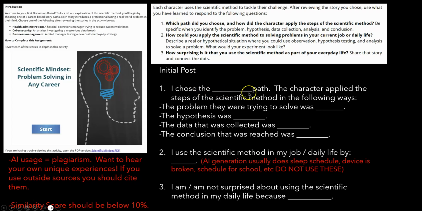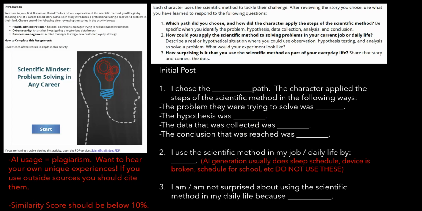You state what path you chose, which one of these 3 scenarios you chose, and then you're identifying how the character applied the steps of the scientific method. So the problem they were trying to solve was, the hypothesis was, the data that was collected, the conclusion that was reached. So you have to include all of this in here.